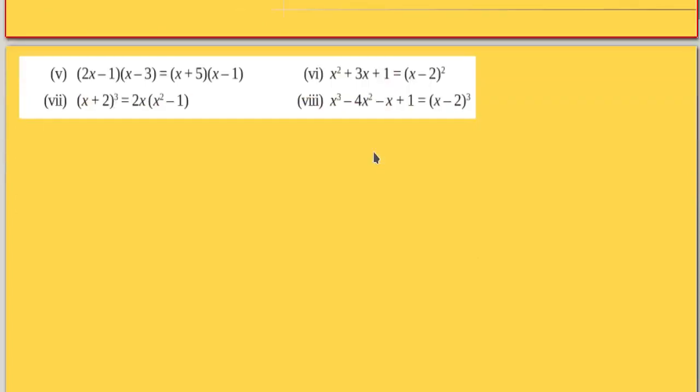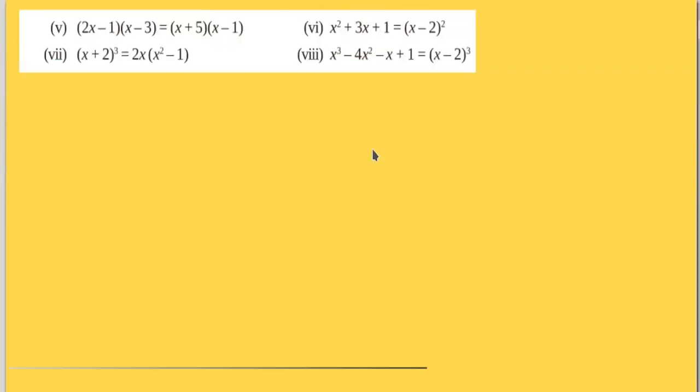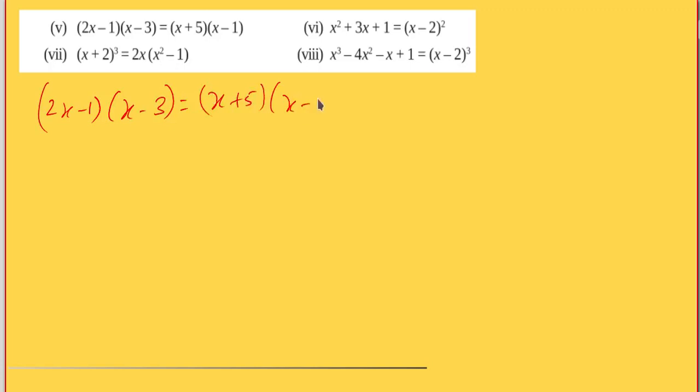Next question. (2x − 1)(x − 3) = (x + 5)(x − 1). So what we have to do? We need to multiply and simplify the whole. So (2x − 1)(x − 3) = (x + 5)(x − 1).